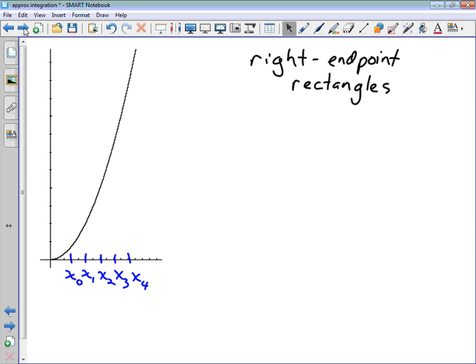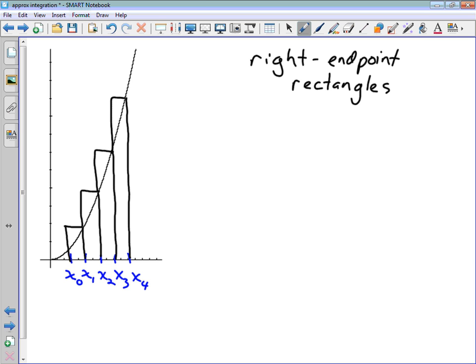But instead of putting the left endpoint of each rectangle on the curve, we're going to draw our rectangles so that the right side of each rectangle intersects that curve. So again, we're having 4 rectangles, 1, 2, 3, 4.